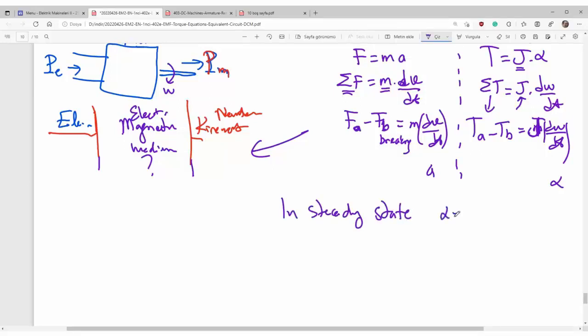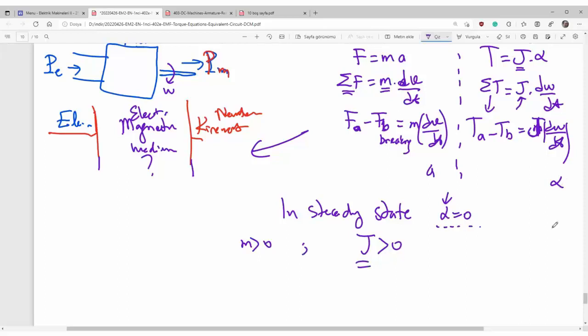So, in steady state, acceleration must be zero. You applied electric power, the motor started up, and there is continuous operation at a constant speed that the machine has reached. So there's no angular acceleration. Inertia is always positive, just like mass. Any rotating object always has positive inertia.